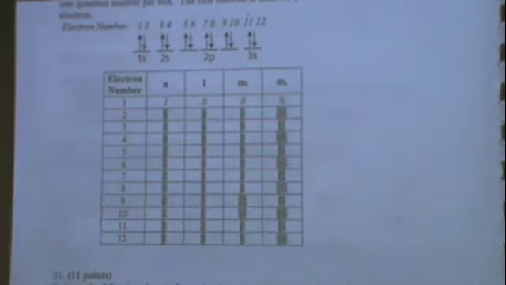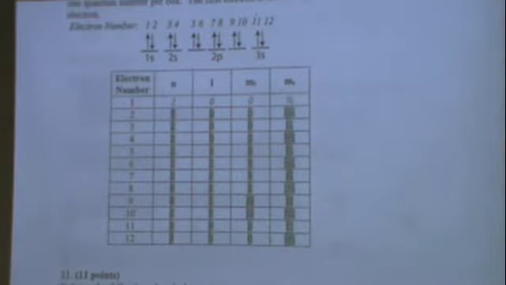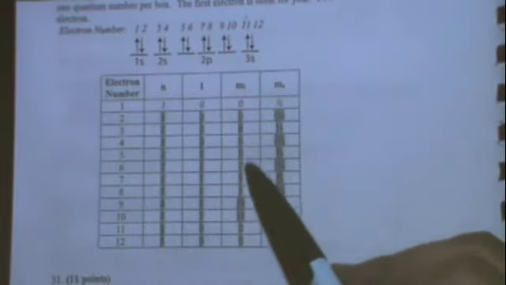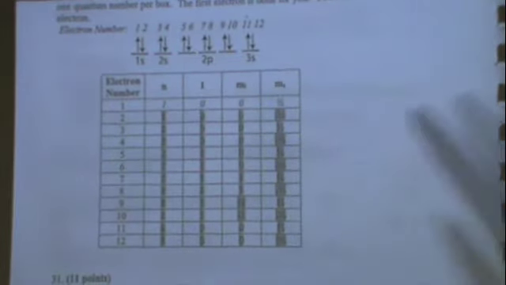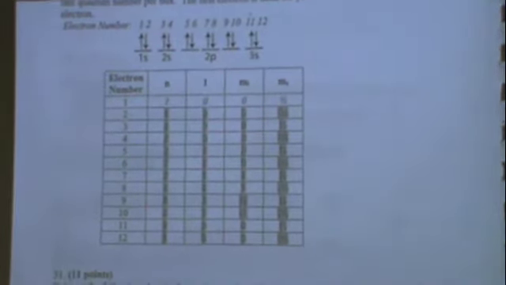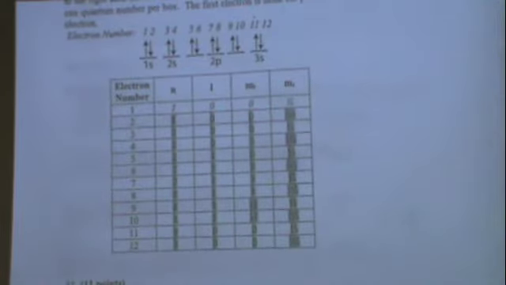And then if L is 1, is it okay that M spells 0 plus 1 or minus 1? Yes. So thus you see the 0's, the plus 1's, and the minus 1's. And then for both 0's, there's a plus 1/2 and minus 1/2. Is that okay so far? Now, why is it this order is your next question.